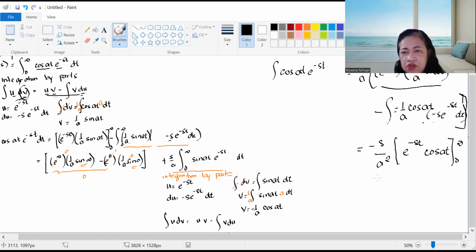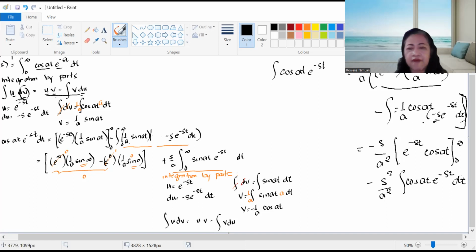So minus s. This one is s squared, so this becomes s squared over a squared times the integral of cosine of at, e to the negative st dt.